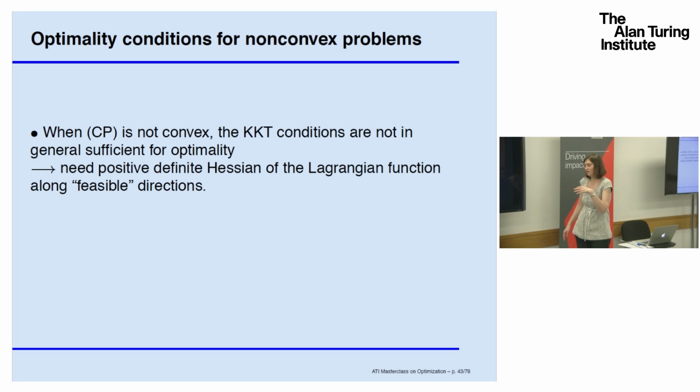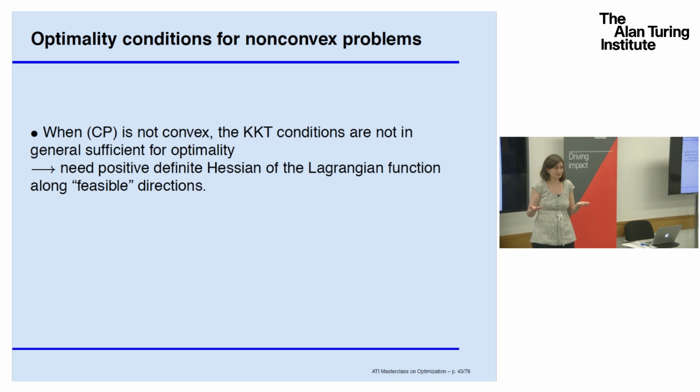If you have a non-convex problem and you want to get guarantees that you have a local minimizer, then you need to go to second derivatives. And now it gets very complicated. Because before, we had that the Hessian of our objective, the second derivative of our objective, was positive definite, or you had convexity for the objective.